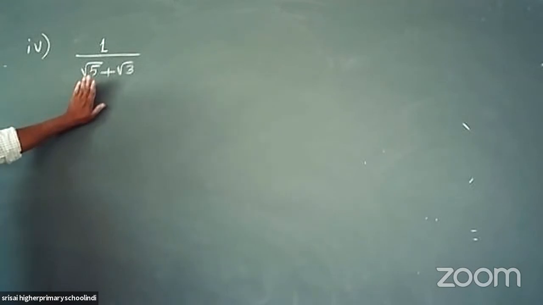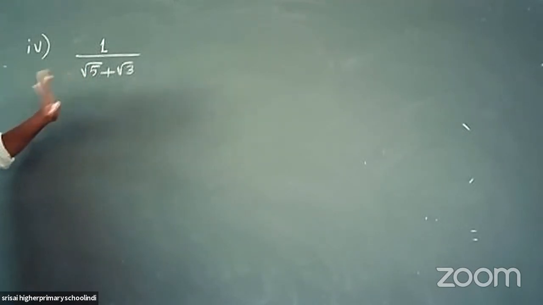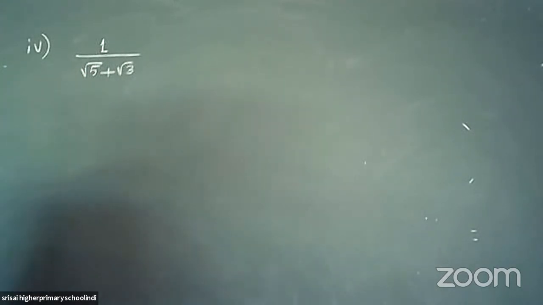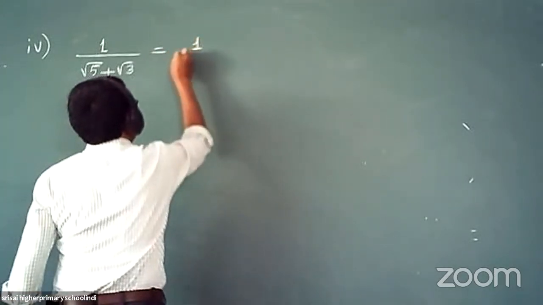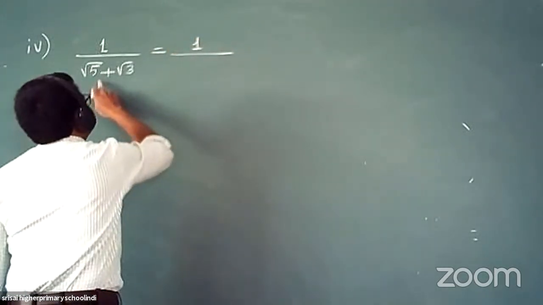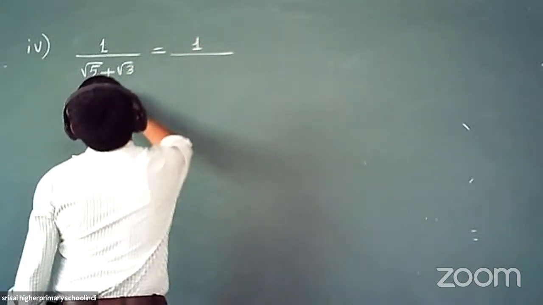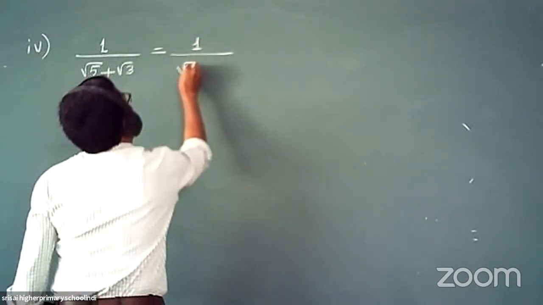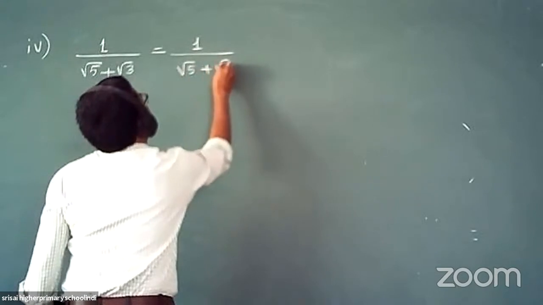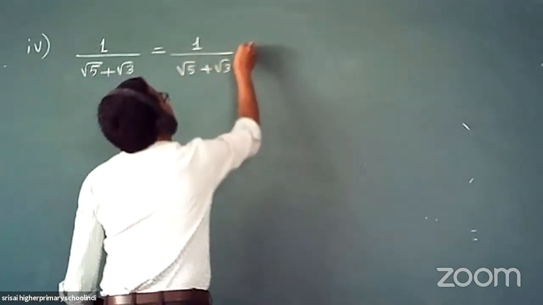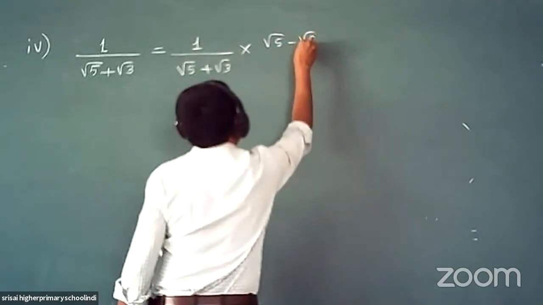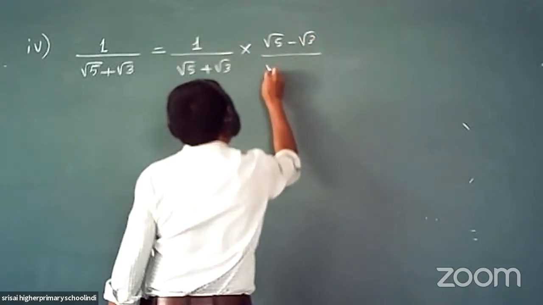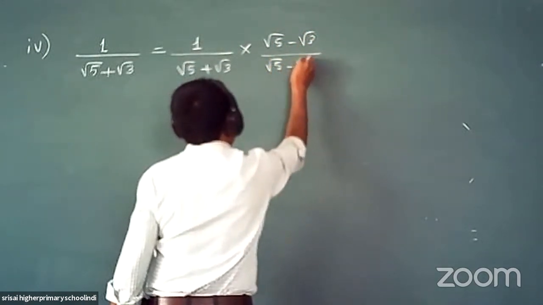We want to make the denominator rational. So what I will do, I will multiply by a factor called a rationalizing factor. Square root of 5 plus square root of 3 is there. To this, we should multiply square root of 5 minus square root of 3 divided by square root of 5 minus square root of 3.